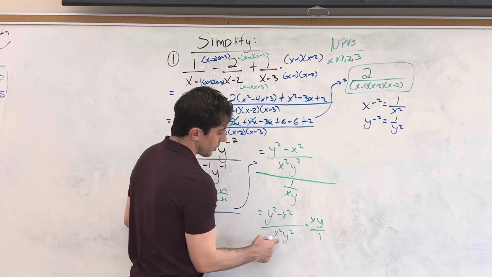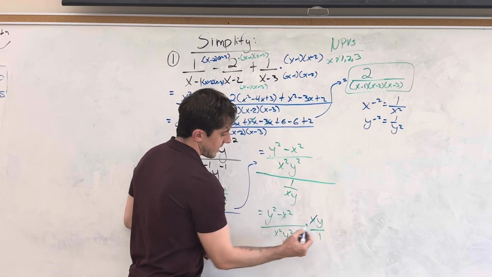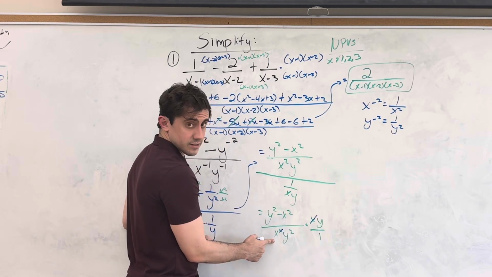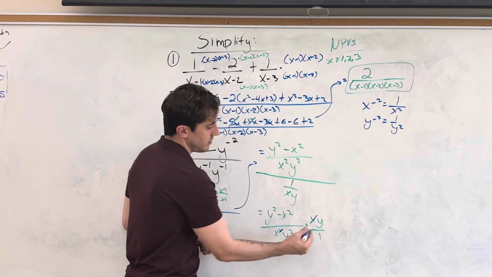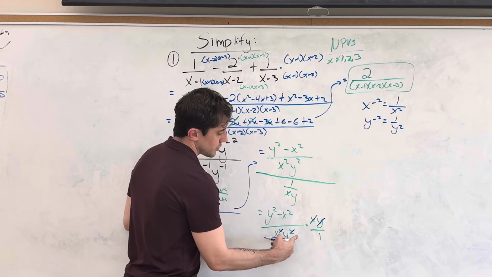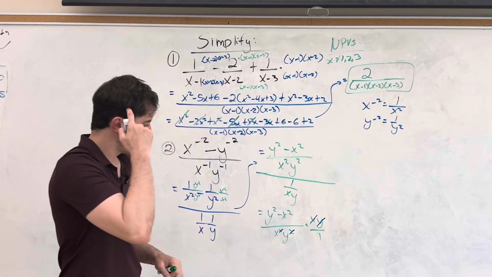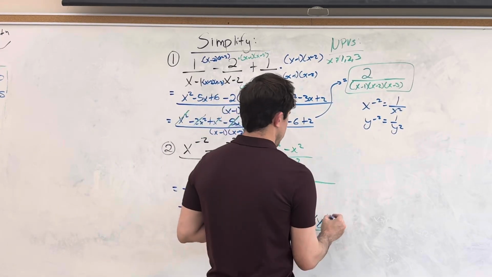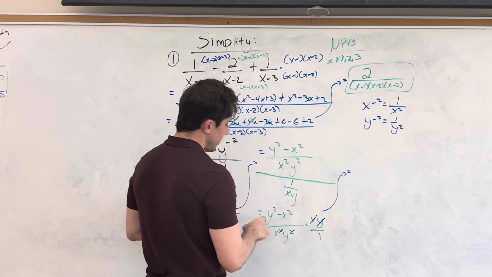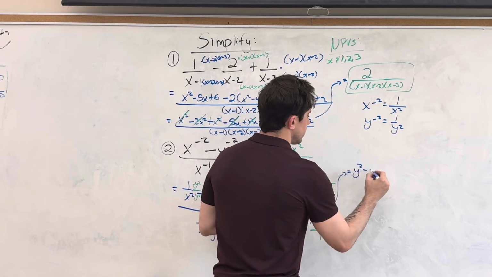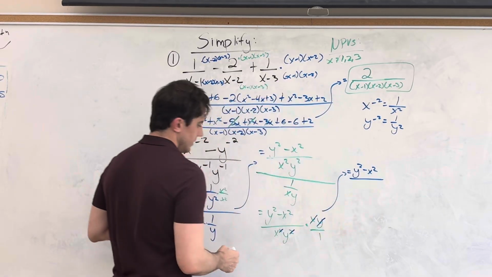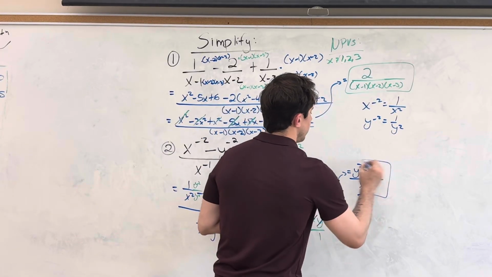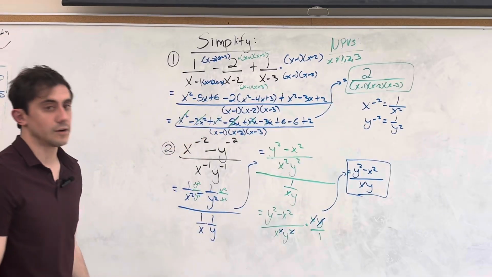We have an x over an x squared. One factor of x is going to cancel out from each. So that x is completely gone, and this x squared is now just x. Same thing goes for the y. One factor of y cancels out, so the y squared becomes just y by itself. And now all we have left is, in the numerator, y squared minus x squared. And in the denominator, we have x times y, and that is as far as we can go.